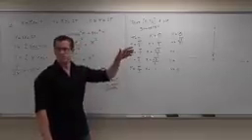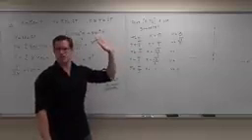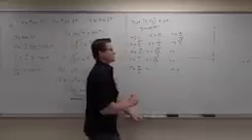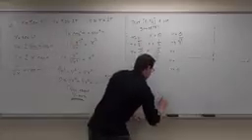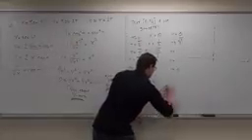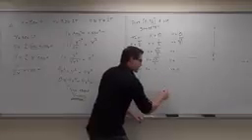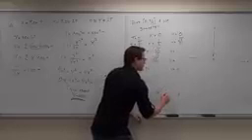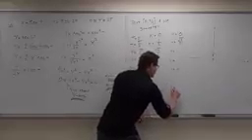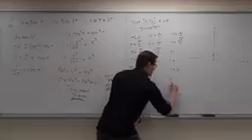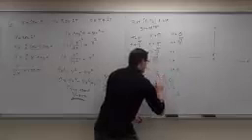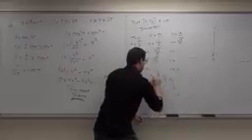Sine is positive for the first 0 to pi. So let's see, sine counts up. Sine goes square root of 0 over 2, square root of 1 over 2, square root of 2 over 2, square root of 3 over 2, square root of 4 over 2, then square root of 3 over 2.